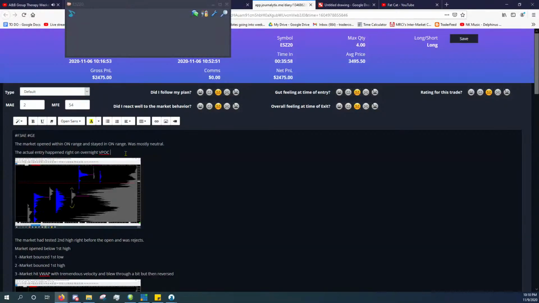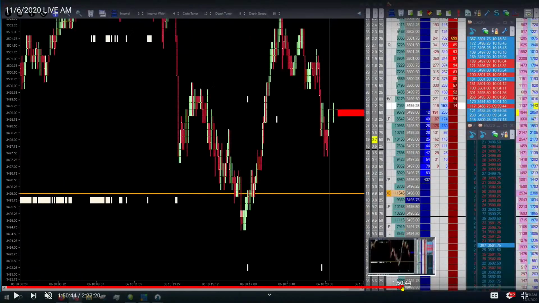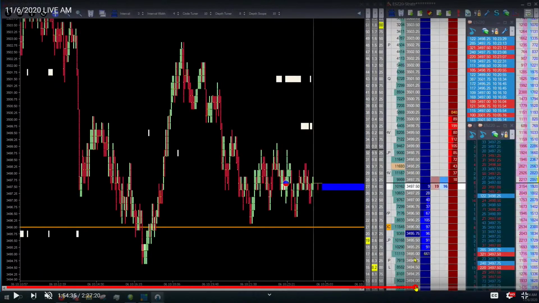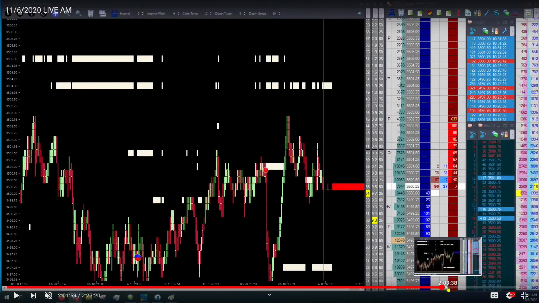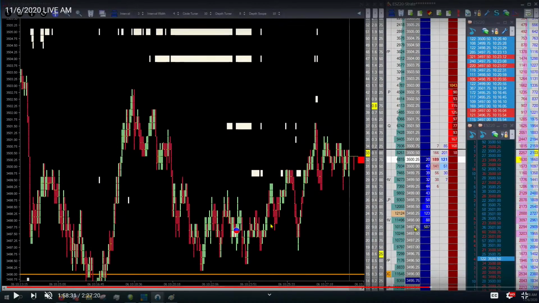The actual entry happened right on overnight VPOC, and at that moment it was also the RTH session's VPOC, RTH being regular trading hours. Wow. See that chop? That would scare anybody.